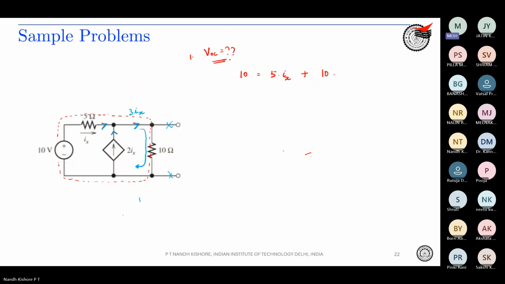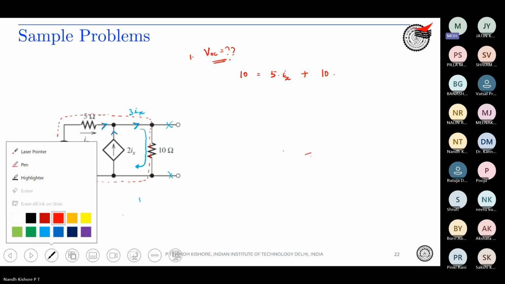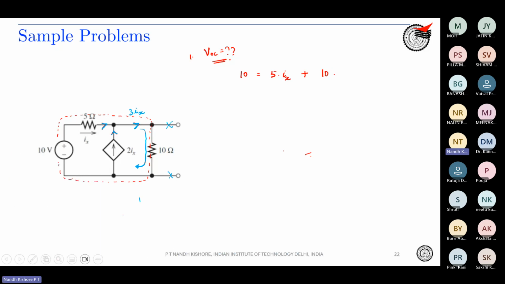First we will find out what is VOC. VOC is what you will see from this terminal. We apply KVL through the loop shown in dotted line.